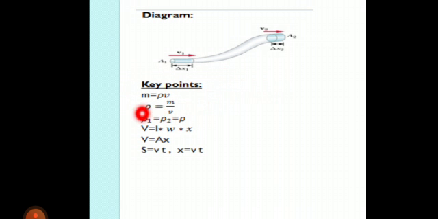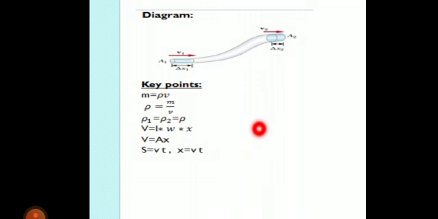We know the equation of mass equals the product of rho and volume. When we find the equation of rho, the volume goes to the other side and divides with m, and rho becomes mass per volume.